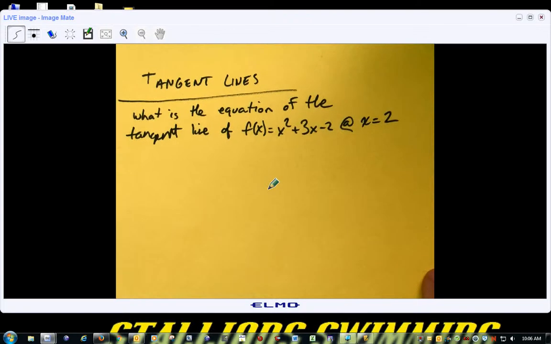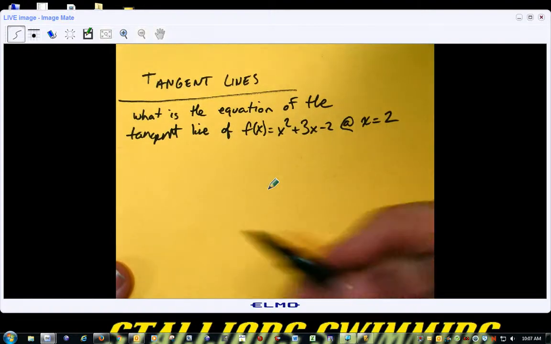What's the equation of the tangent line of f of x equals x squared plus 3x plus 2 at x equals 2? So this is, like I said, your typical tangent line equation.